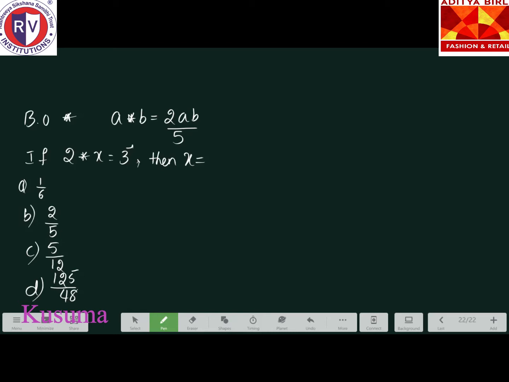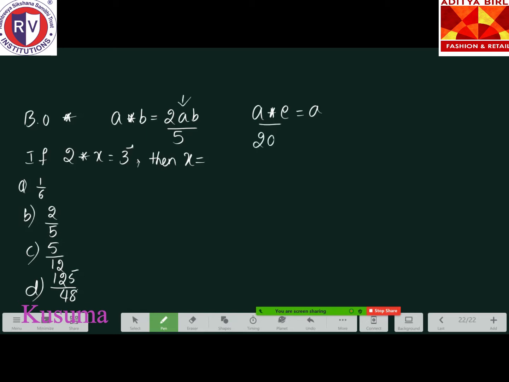To find the identity element, we always know that A star E will give us A, where E is the identity element according to the given binary operation.